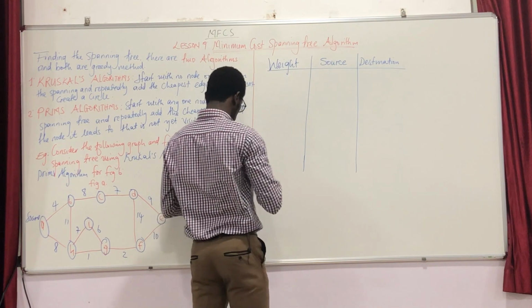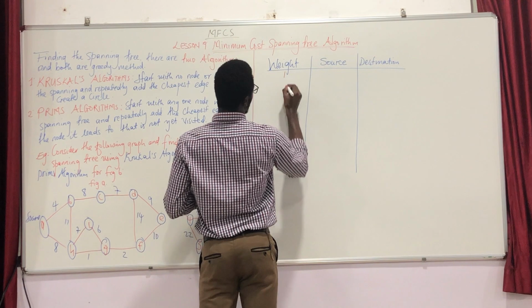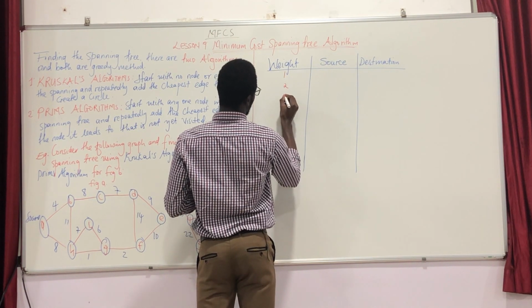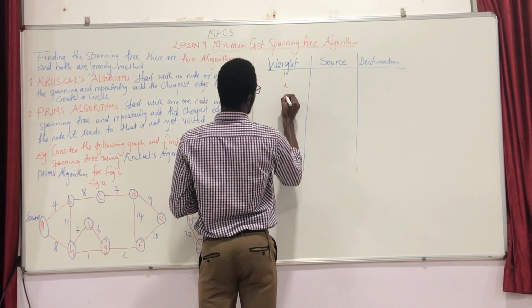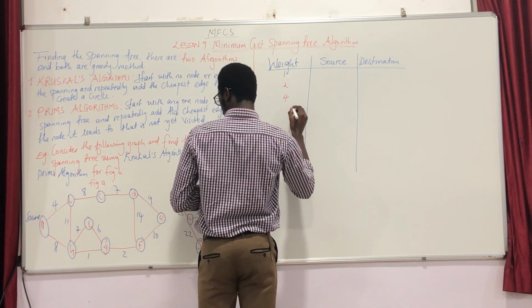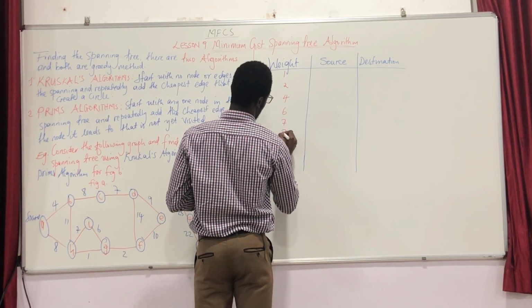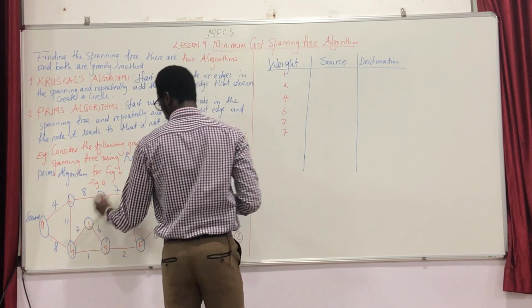So we'll start with 1, 2, 4, 6, 7, 7. We have two 7s here.